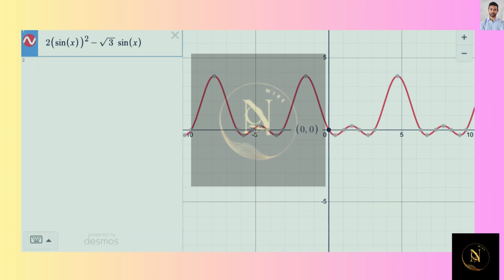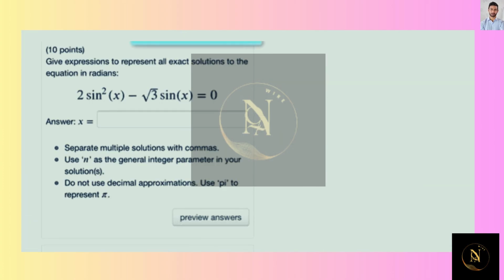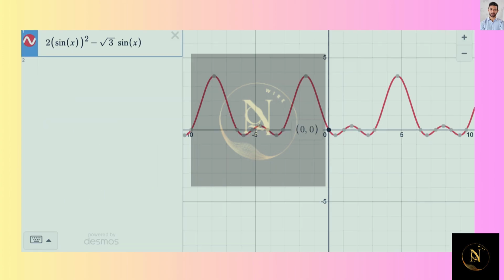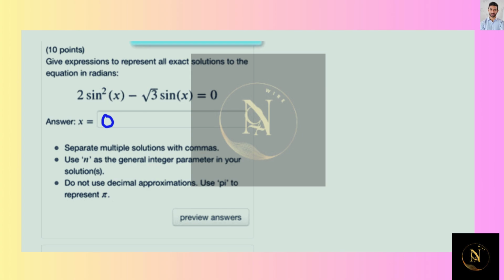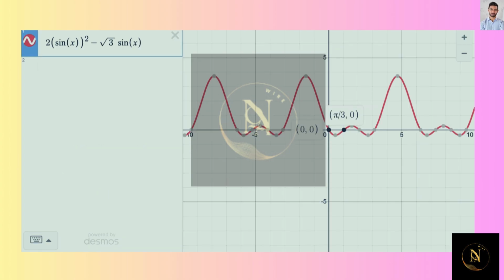Well, it equals 0 at 0, at pi over 3, 2 pi over 3, pi, and then it repeats at 2 pi.